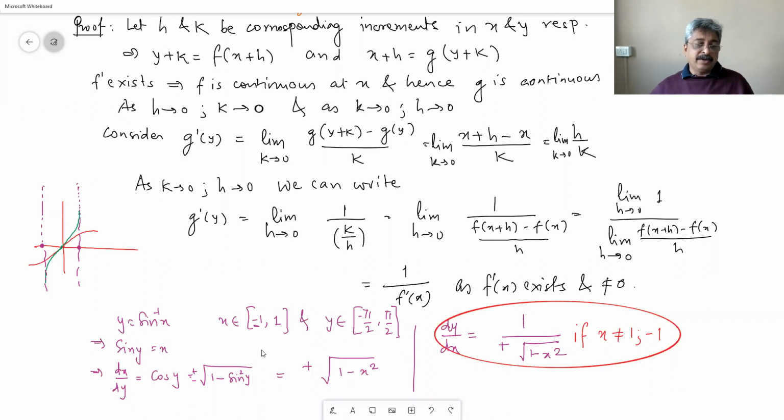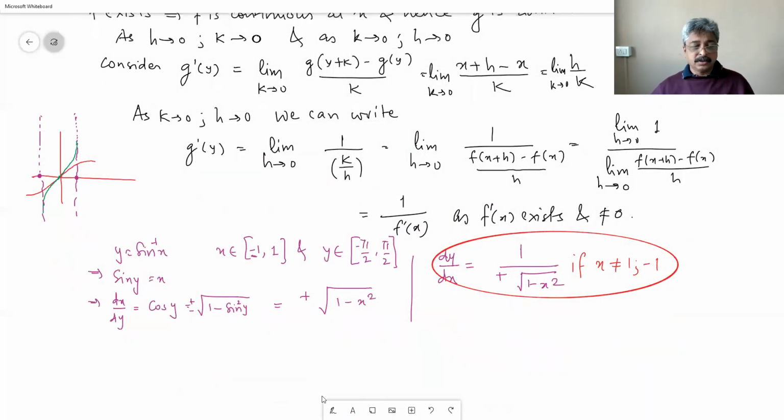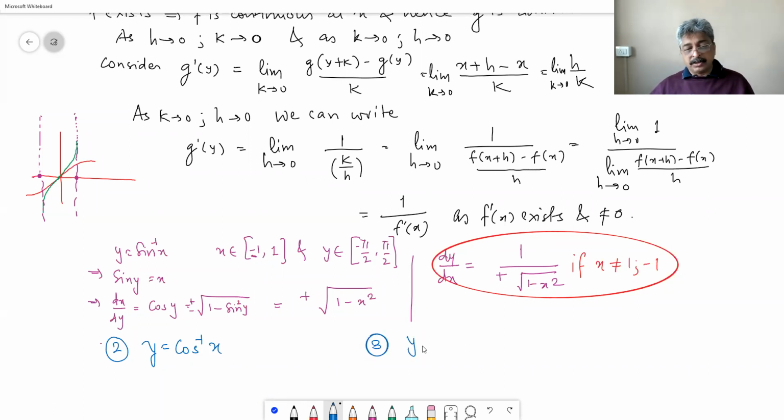Okay, so now you have five more functions whose derivative is to be found. But let us go step by step. One is over. Second, y is equal to cos inverse of x. Third will be y is equal to tan inverse of x. Okay, so do this. Tell me what are these two derivatives.